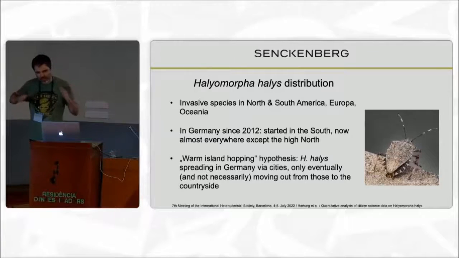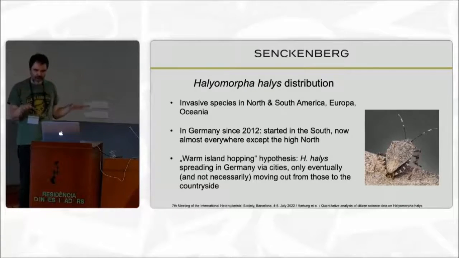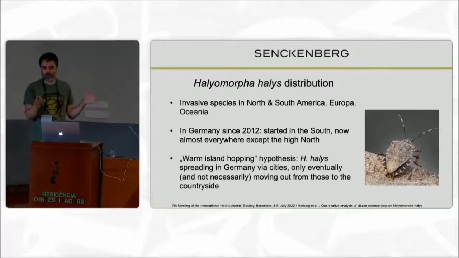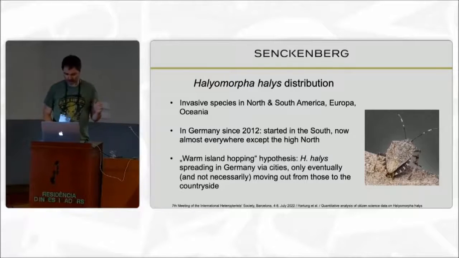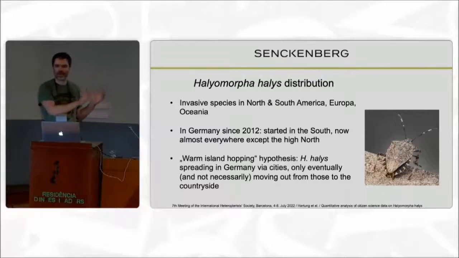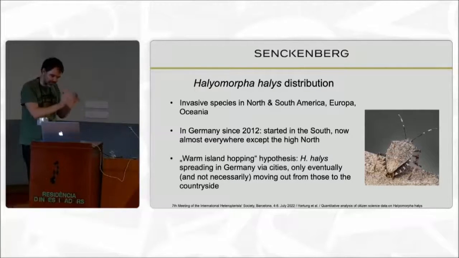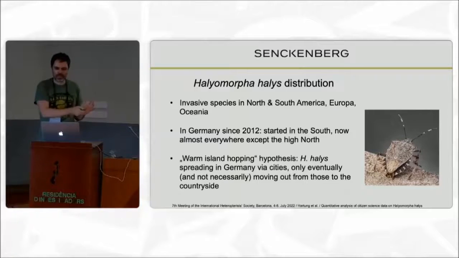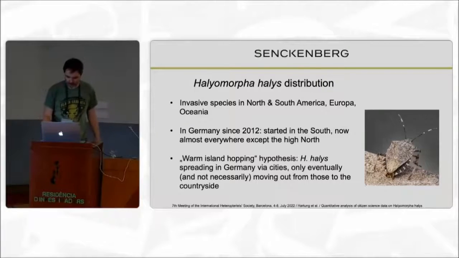So they first get from one city to another, and then if the countryside around is warm enough, they might spread outwards. But sometimes they just don't. Sometimes they stay in the city as well. I heard that a lot, but I never saw a reference or a study that would pinpoint that. So I decided maybe I'd try to analyze the citizen science data and see what we get. So this is what I did.